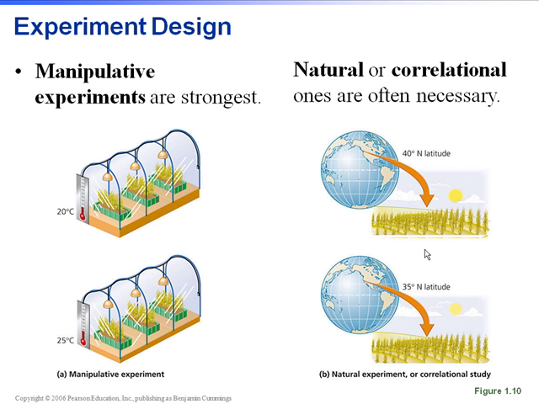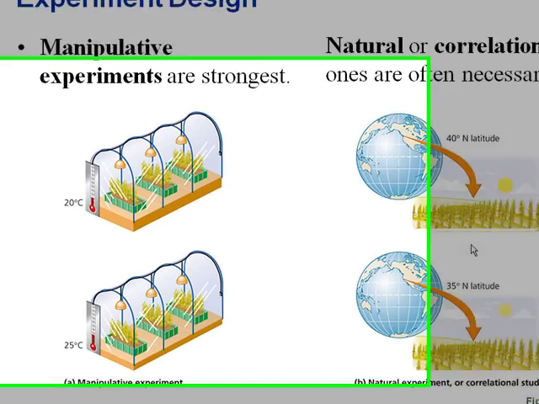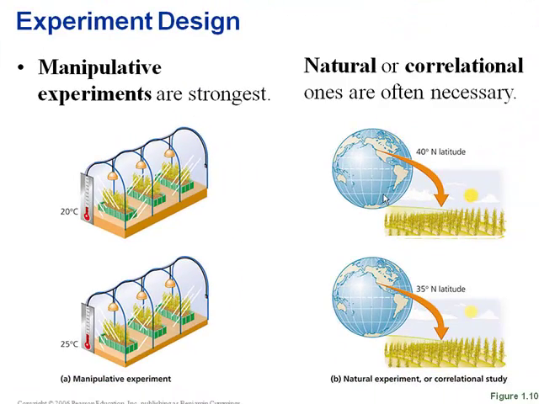When we're thinking about experimental design, you can also think about the difference between a manipulative experiment and a natural or correlational experiment. In a manipulative experiment, as we can see over here, we've got two greenhouses, and we're growing wheat, and we're trying to test whether a difference in temperature of 20 degrees versus 25 degrees will cause the changes in wheat that we are wondering about.